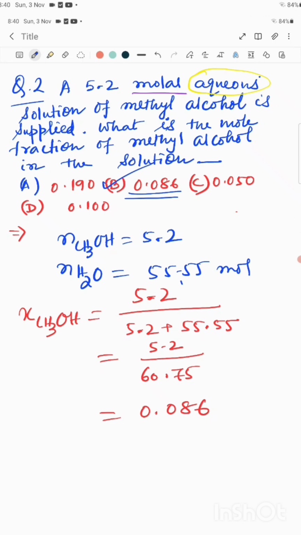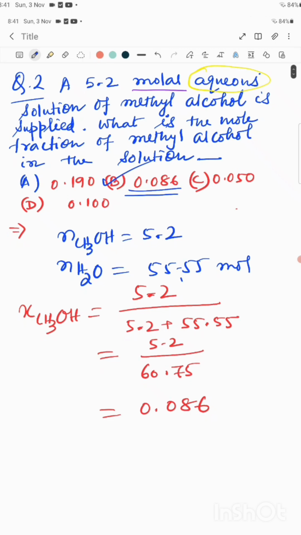It is an application based question from molality. Okay, you copy it. It is also a very important question for JEE Main. Mole fraction always means number of mole of that particular component by total number of mole.